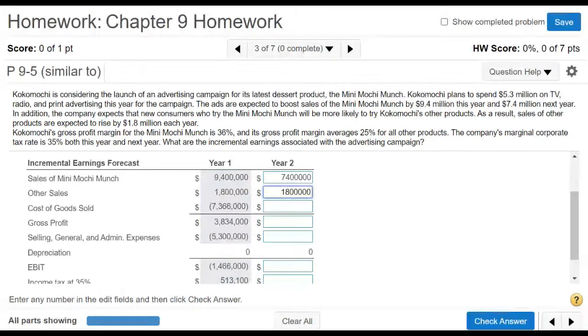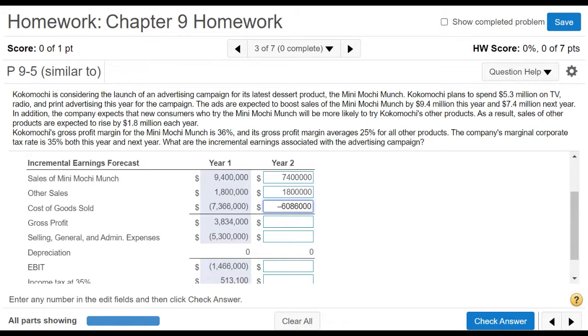This one is 1.8 million times 0.75. Once you get those answers, you add them. That's going to be your cost of goods sold, your profit margin. Okay, so the cost of goods sold is 6,086,000.